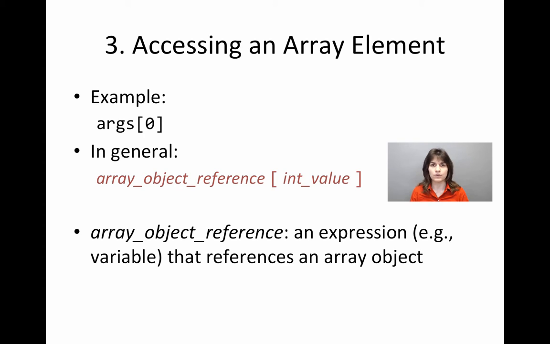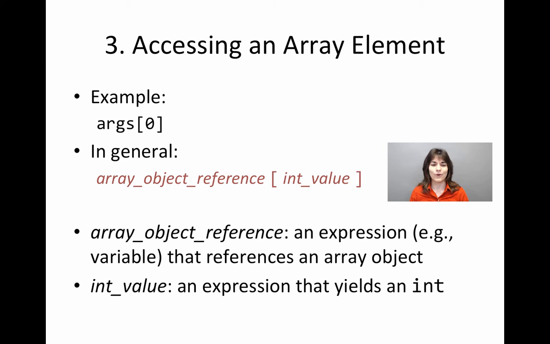It is an expression, for example, a variable that actually references the array object. The following pictures will make that a little bit clearer, so just be a little bit patient. The int value again is just an expression that will have to be evaluated and result in an int, so that is actually the index of the element that we want to be accessing.